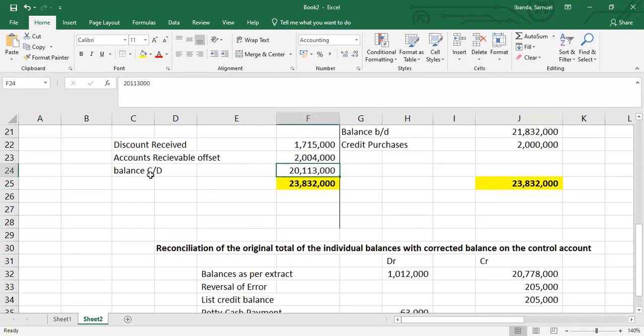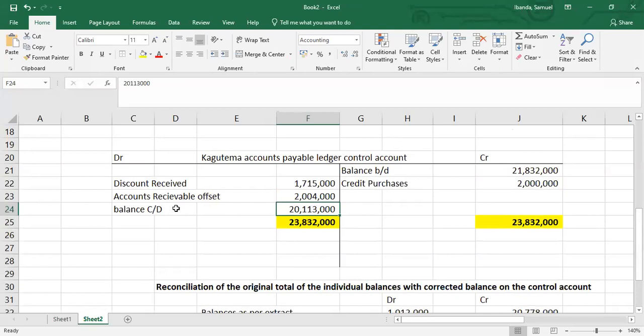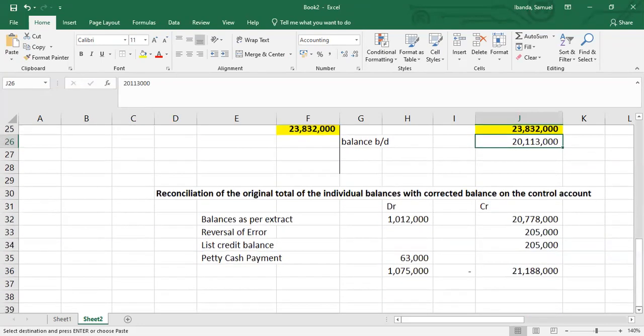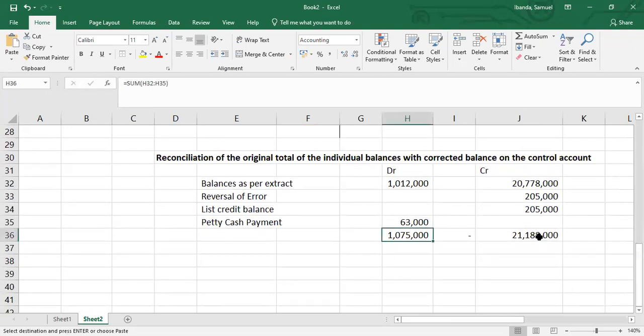The balance carried down is basically a debit. Okay, this is a credit balance, because as we have it as a balance carried down there, it's actually a balance brought down on this other side. So remember this is a debit and a credit.